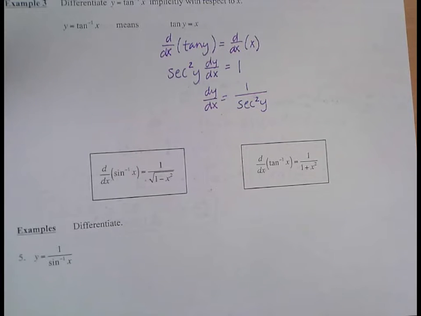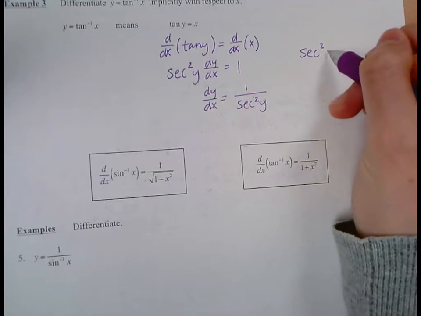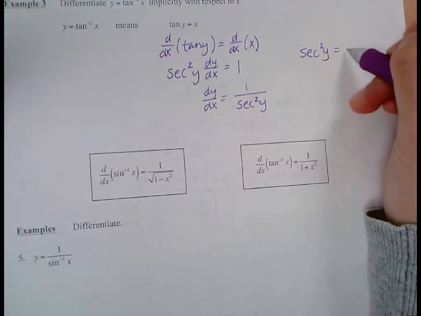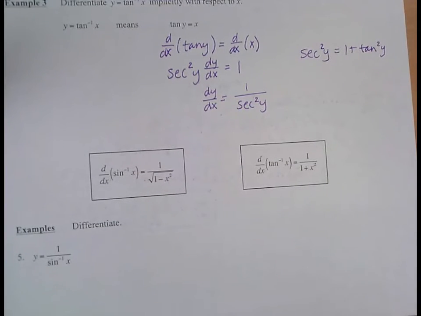And then from here, going off of that trig identity of cosine squared plus sine squared equals 1, when you divide everything by cosine squared, you get this trig identity, secant squared of y equals 1 plus tangent squared of y. So that trig identity comes from the one we just used before.